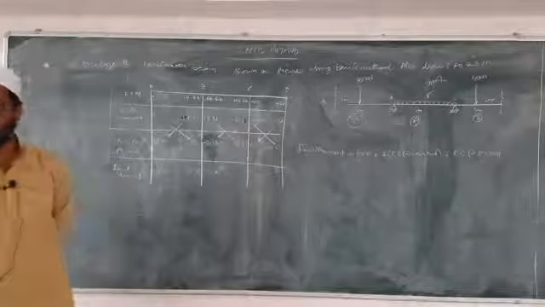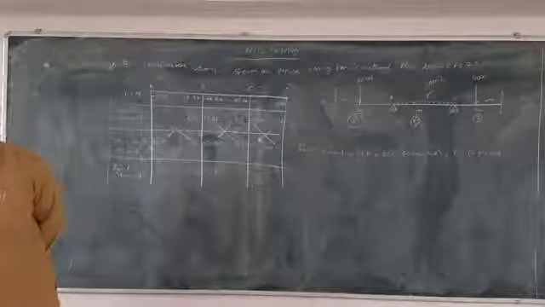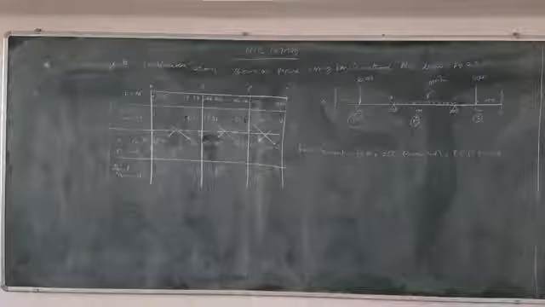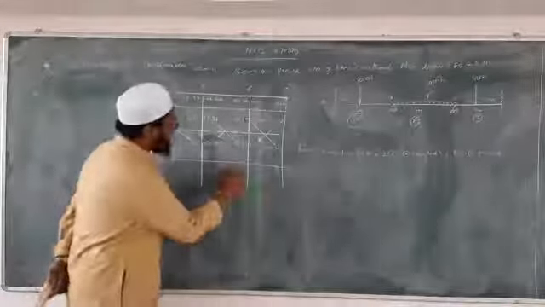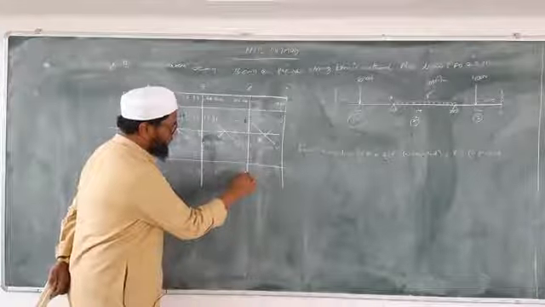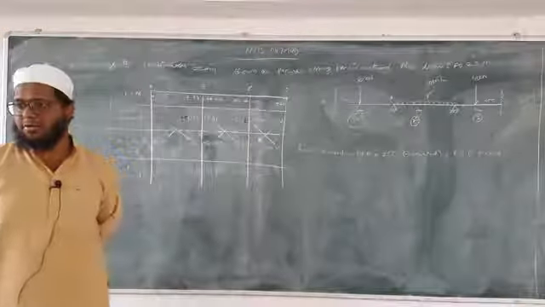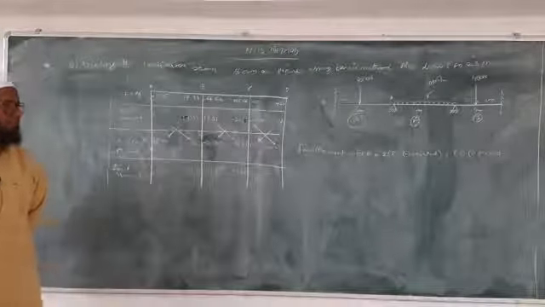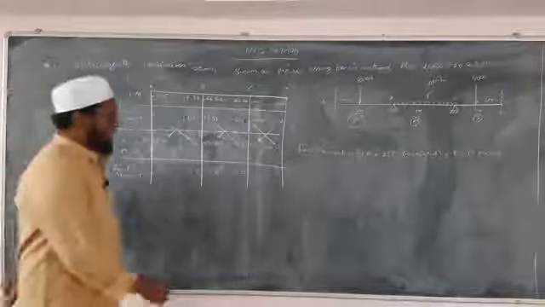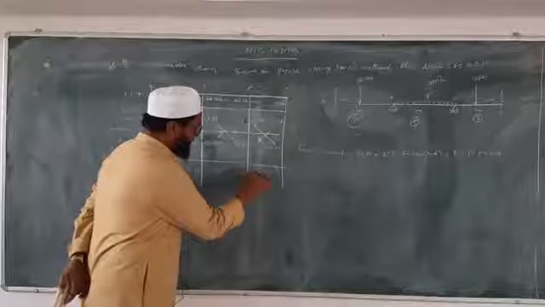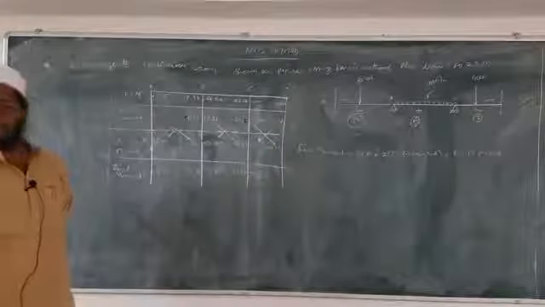Which one? This one? Check it once. Yes, how much? Okay, 41.83 minus 20 plus 2 into minus 10.65. Minus, what about this one? 9.35.